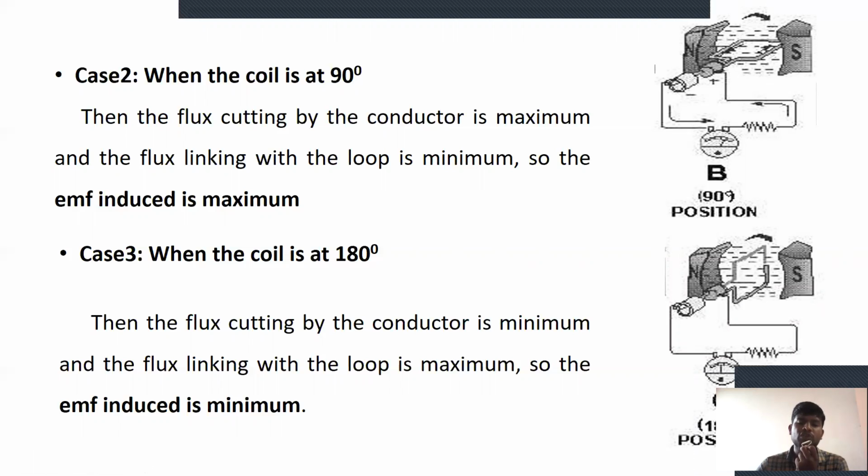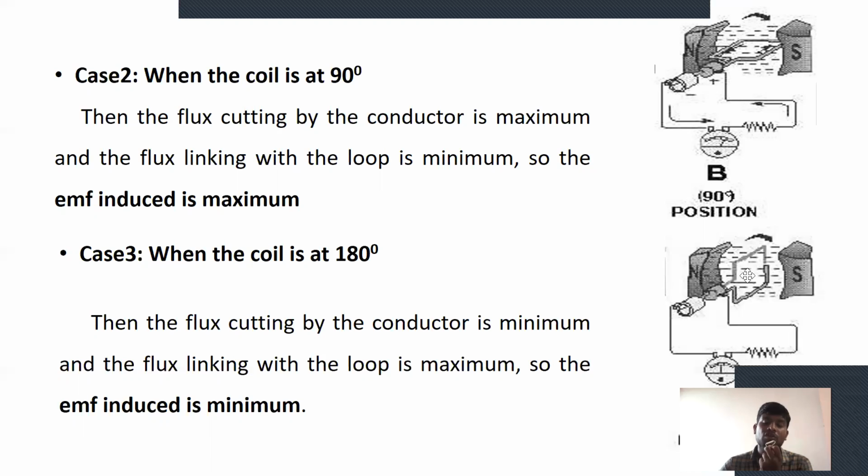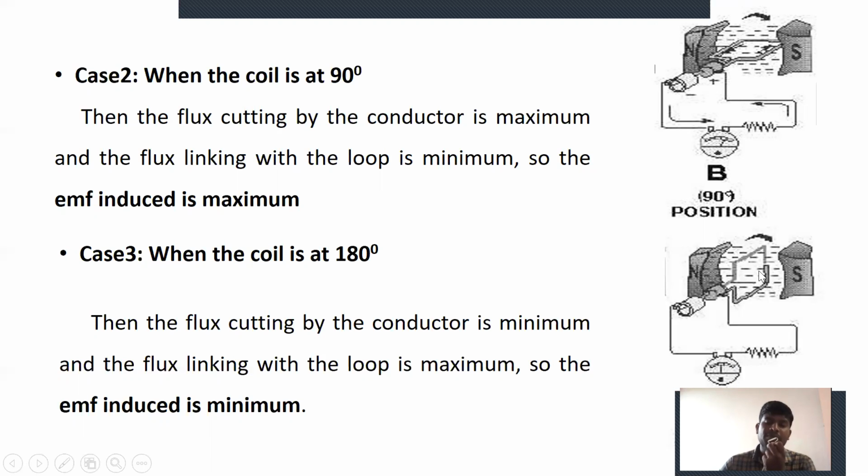At this position it is perpendicular to the flux lines, but there is no movement. It changes position and comes to the initial position. That's why there is only a very minimum induced EMF, a very minimum quantity.